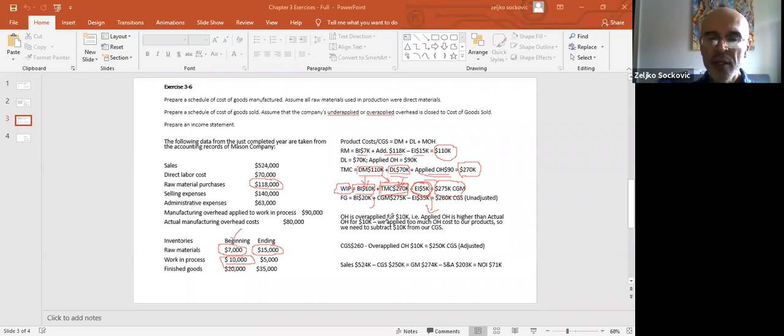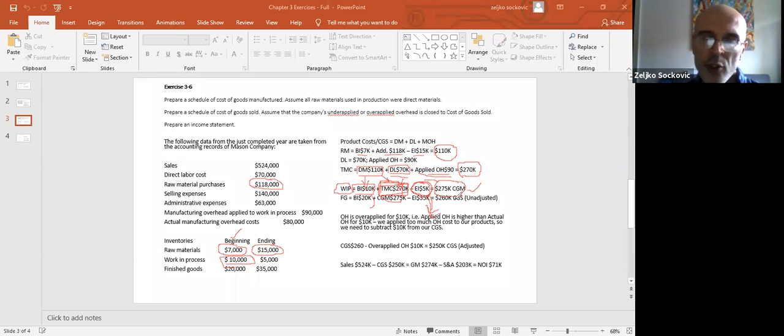We are looking for direct materials. How much direct materials is here? Then we know that direct materials here is 110, right? We would need to know how much direct materials is in cost of goods manufactured to find out how much direct materials is in ending inventory.